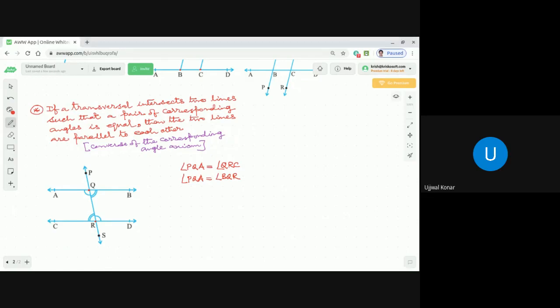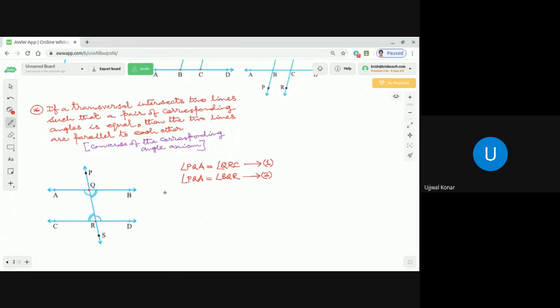So then what we see is that angle BQR is equal to angle QRC. So first we say that angle PQA is equal to angle QRC. And then we get angle PQA is equal to angle BQR. Now, if we combine together, then what we are going to get? If we combine together, we can say that angle BQR is equal to angle QRC.